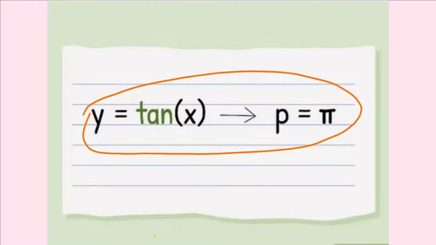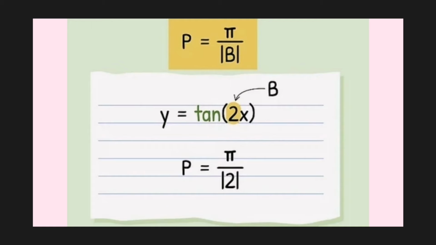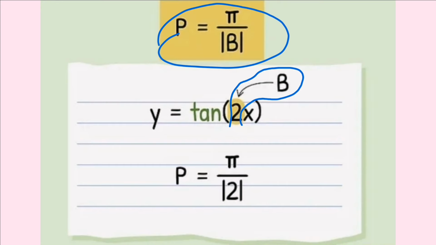For example, the general formula for this is that the period will be equal to pi divided by |b|. Take y = tan(2x), where the value of b is 2.